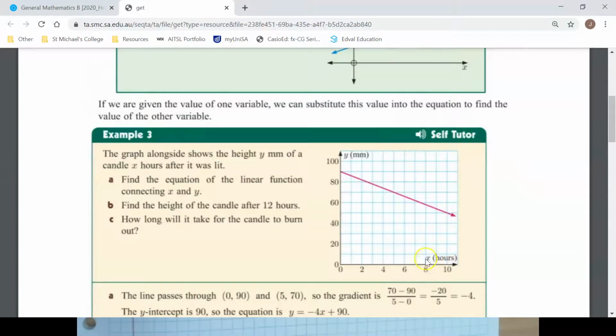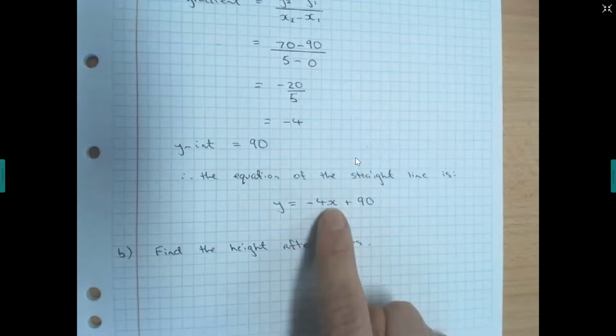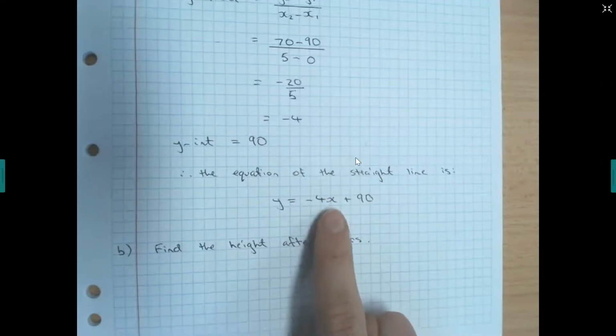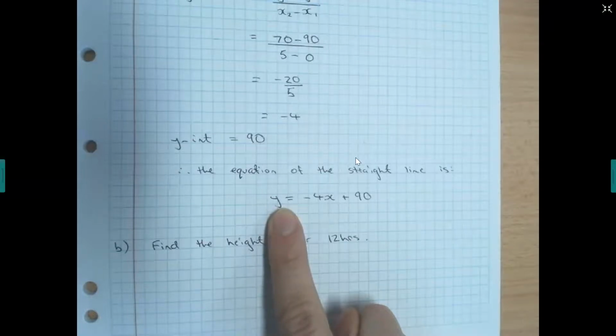So x is representing time in hours, and the y is how tall the candle is in millimeters. So if I want to know how tall that candle is after 12 hours, all I have to do is substitute the value into our x here. So this 12 will be substituted in for x, and that will tell me how tall the candle is after 12 hours.